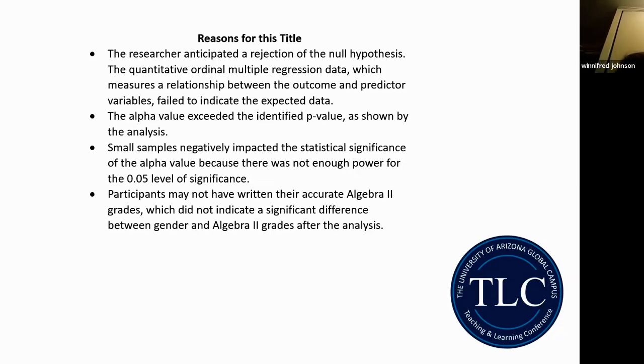Small samples negatively impacted the statistical significance of the alpha value because there was not enough power for the 0.05 level of significance. Participants may not have written their accurate Algebra II grades, which did not indicate a significant difference between gender and Algebra II grades after the analysis.